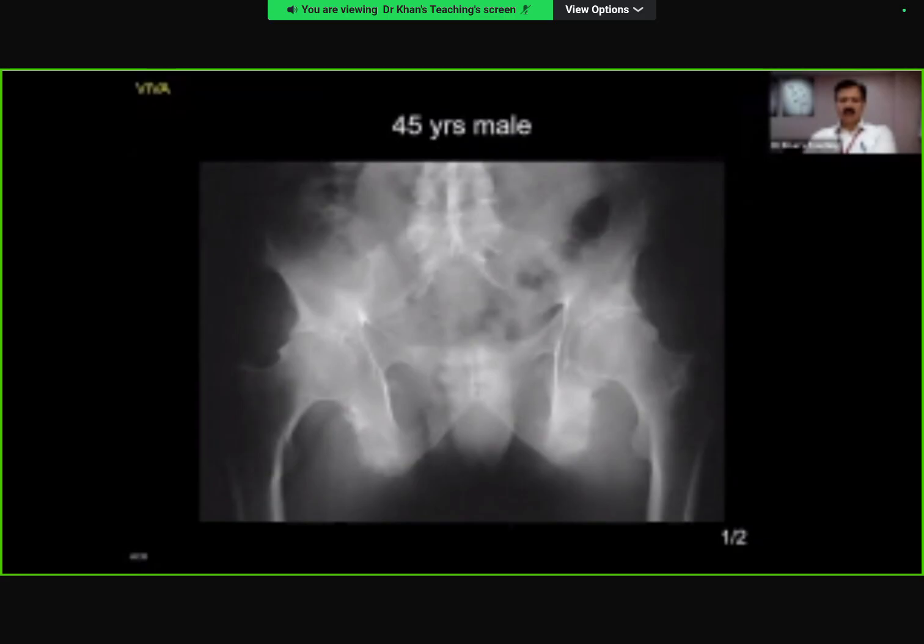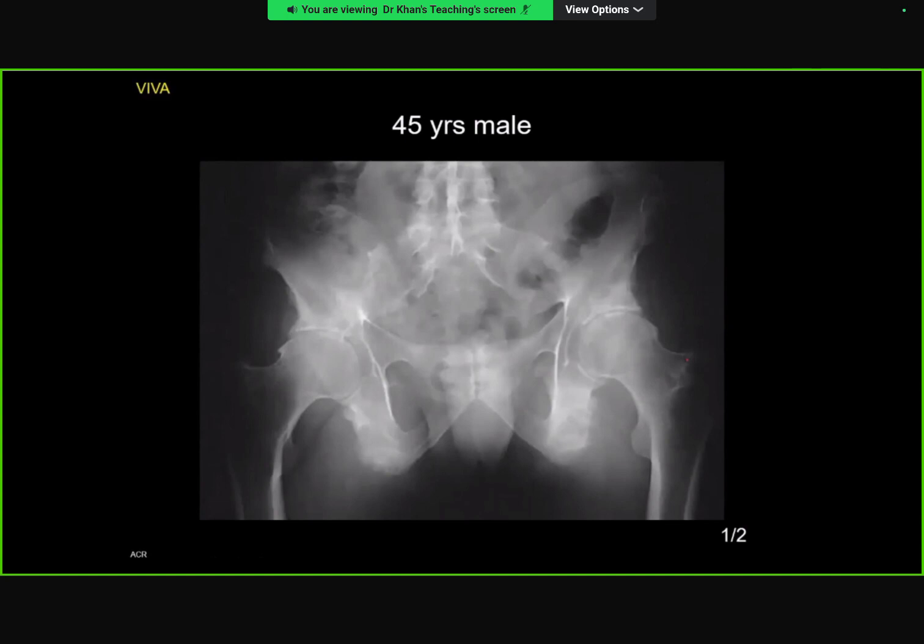This is a spot diagnosis, 30 seconds. What is your diagnosis? Don't give me the description. Okay, you can take it. Is this ankylosing spondylitis? That's right. What else?